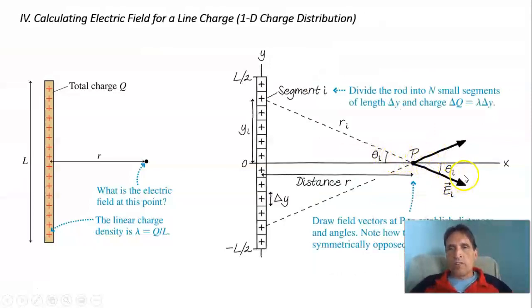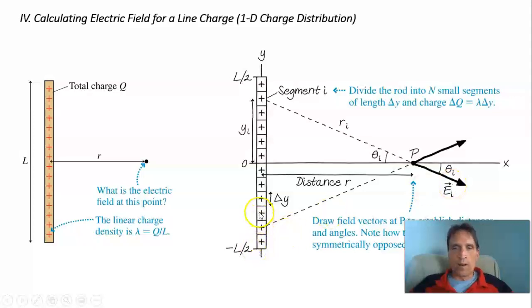The components along the y direction cancel in pairs because both elements are the same distance from point P and have the same magnitude of charge. So the y components are going to cancel in pairs.